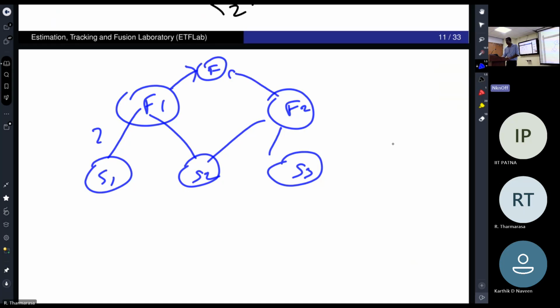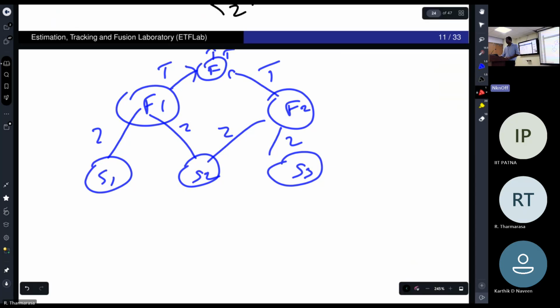So this is track, track, and track. We are talking about track-to-track fusion. If you allow this kind of connection, these two tracks are always correlated because the same measurement is used in both tracks. This is really hard to handle, so usually we don't allow that. Same sensor connected to two nodes, I don't allow, because that becomes hard. If this goes with this, then these two are highly correlated. So when you do the fusion here, you have to handle the correlation properly. As a first thing, we remove this.